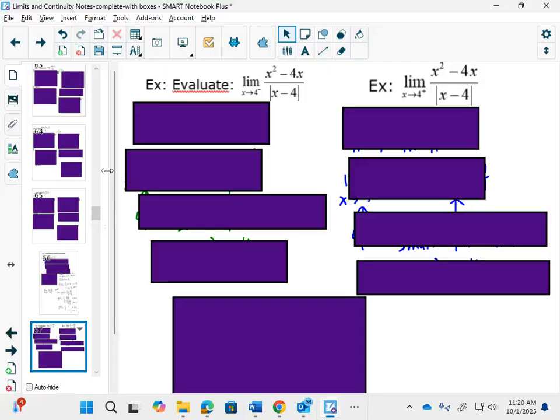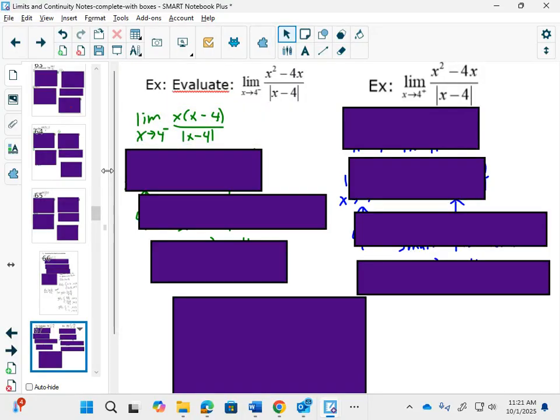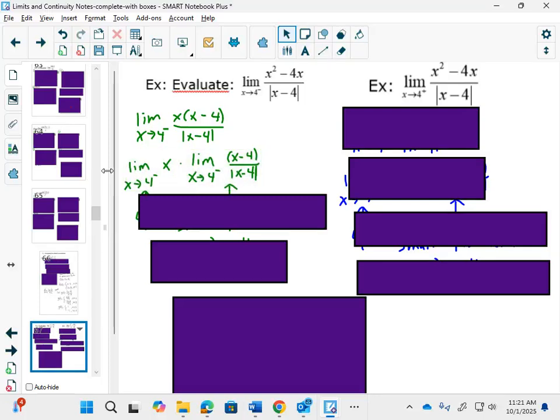So two ways of thinking about this. You can either think about coming from the left and coming from the right and seeing what you get, or you could write it as piecewise functions and actually simplify it and see what you get. So if I come from the left, this can be broken up to be the limit as x goes to 4 from the minus side of x times the limit as x goes to 4 minus of this.